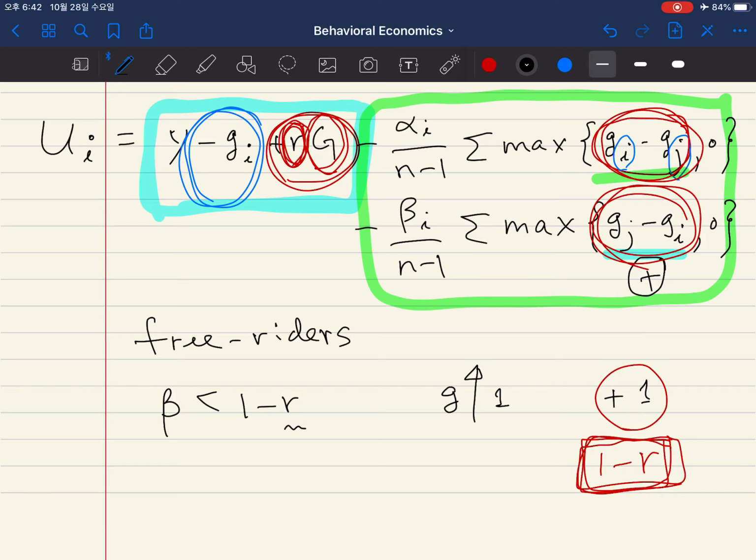Because he's contributing more to public good, this is going to increase NV. He spends more for public good, so eventually his material payoff is going to be lower.